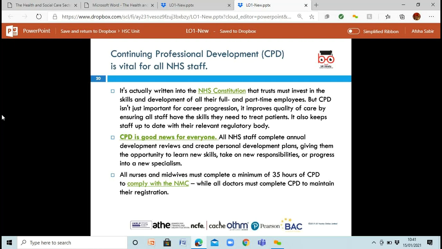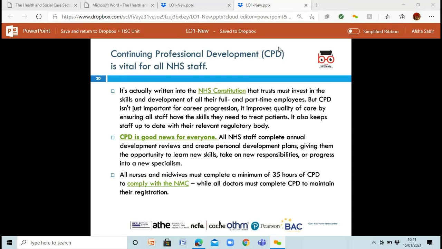So this is something that has to be done within your workplace. You need to be offered certain progressions and trainings while you're working. CPD isn't just important for career progression, it also improves the quality of care, as it ensures that all staff have the skills that they need to be able to treat patients.